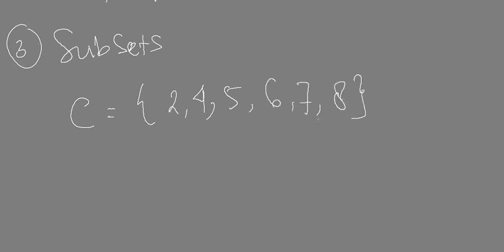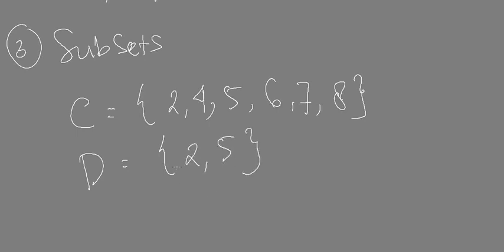For example, I have used A and B, so let's use C. We have C is {2, 4, 5, 6, 7, 8}, and then we have D is {2, 5}.